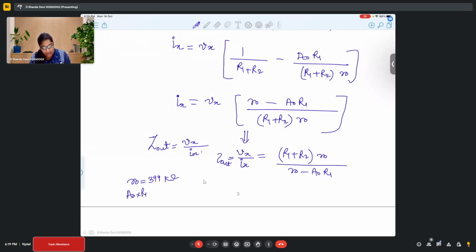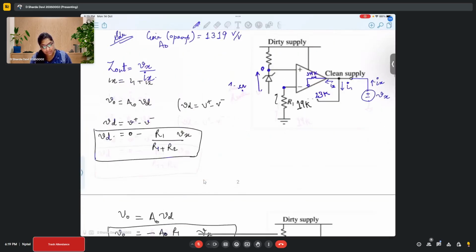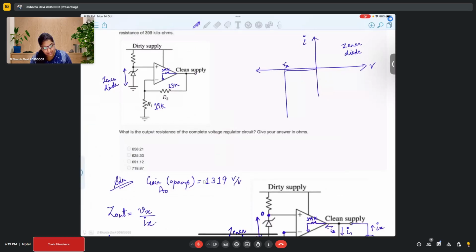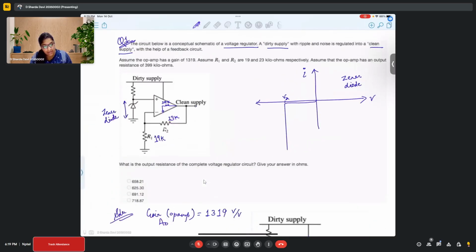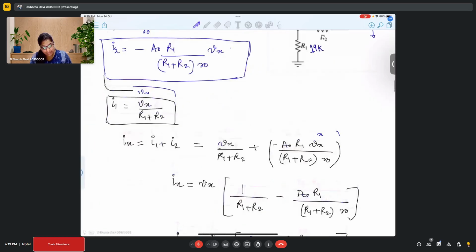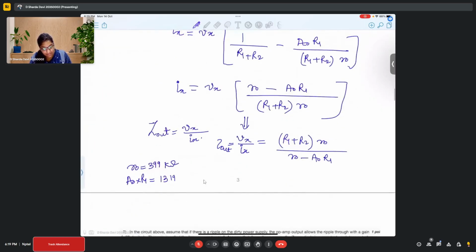A naught into R1 would be how much? It is 1319 into R1 is 19K. So by this relation, we can clearly observe that A naught R1 is much greater than R naught, right?